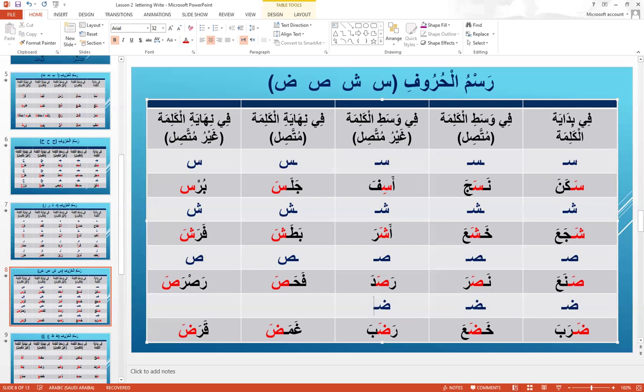Then by default, it's going to have a connection on the left. Dod في نهاية الكلمة متصل. So we have the connection here. Then we have Dod. Then Dod في نهاية الكلمة غير متصل. So we have Dod written normally, as we saw in the first class.